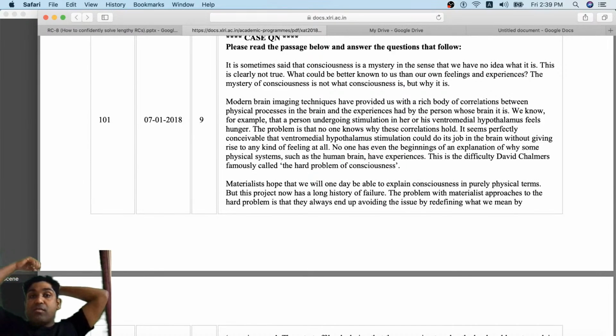If our hypothalamus is stimulated, why do we feel hunger? Why doesn't it just happen without experience?